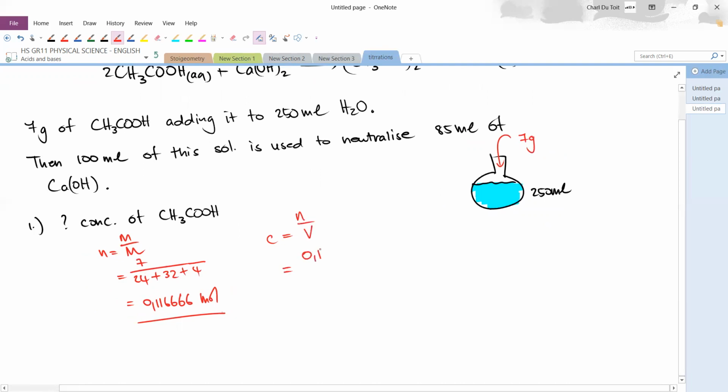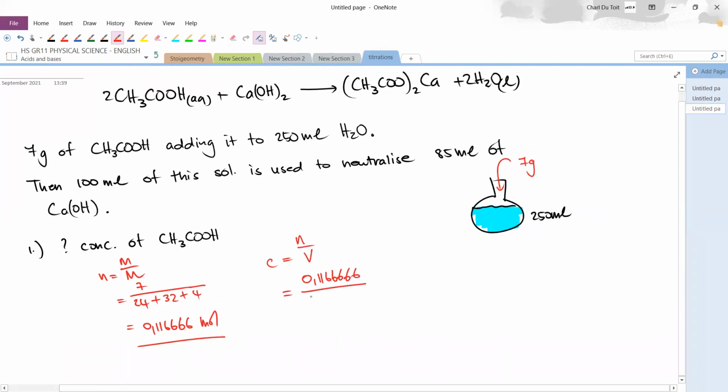That is 0,116666, whatever, divided by 250 divided by 1,000. So that divided by 0.25. And then I get that the concentration is 0,46666. So the concentration is 0,47 mole per cubic decimeter.